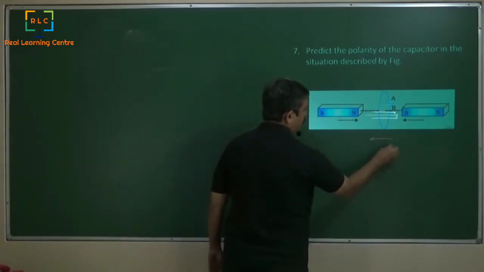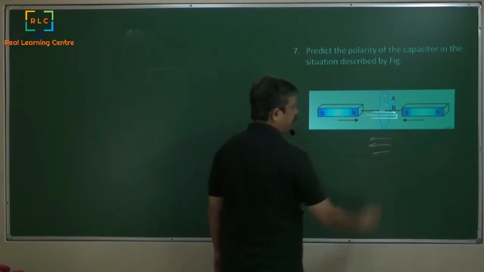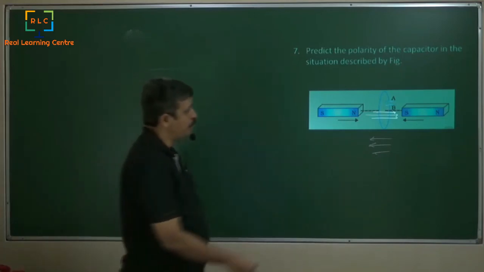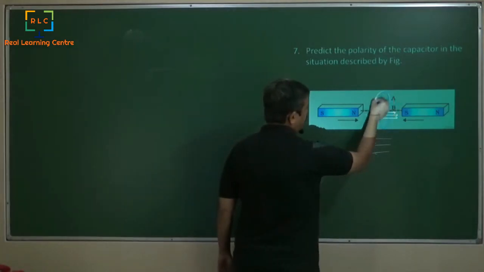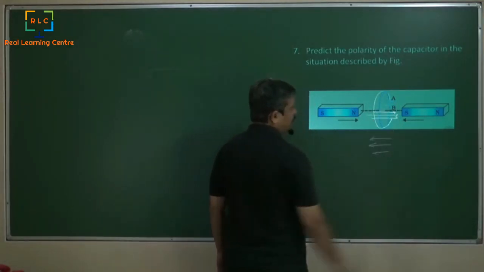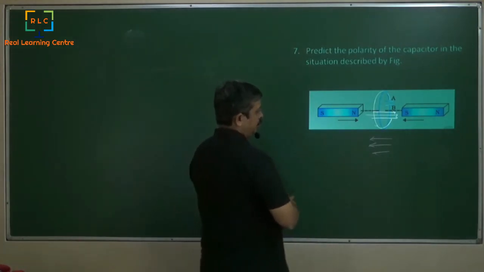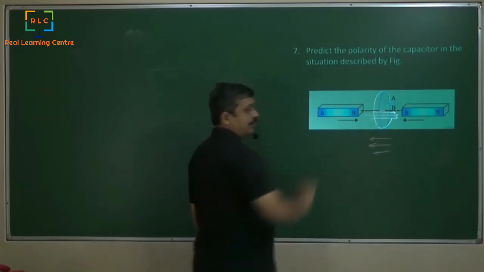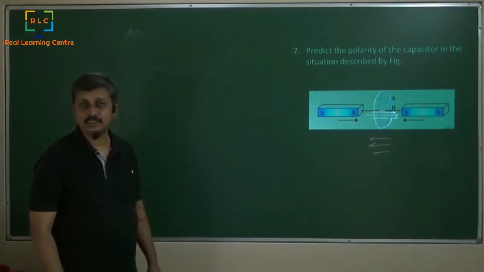So it has to produce a magnetic field in this direction, and to do that, it has to produce current like this.